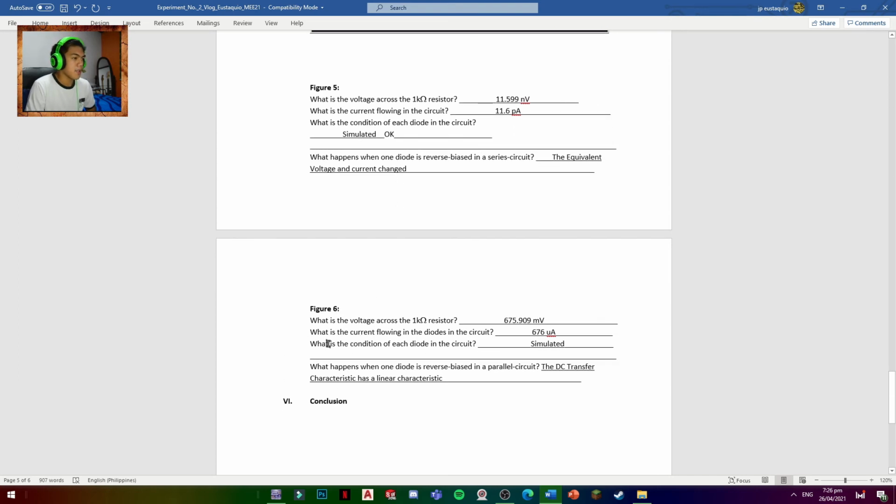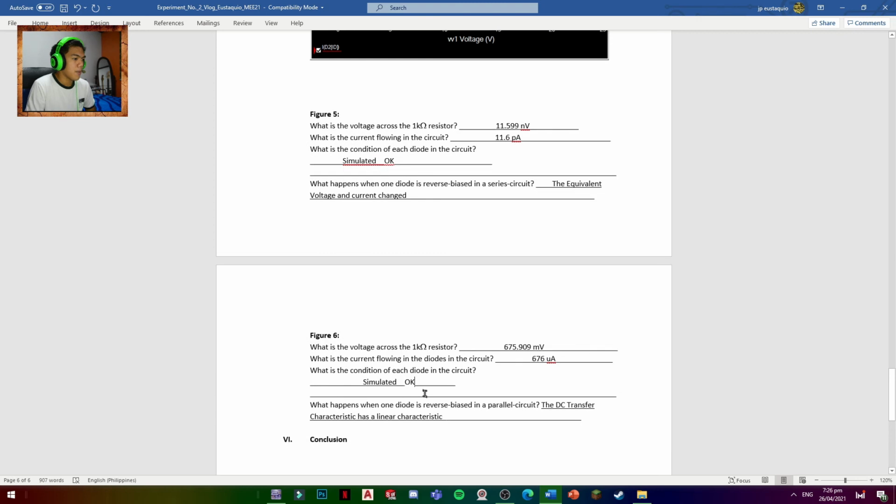In figure 6, what is the voltage across the 1K ohm resistor? It is 675.909 millivolts. The current flowing in the diodes in the circuit is 676 microamperes. The conditions are simulated and okay.